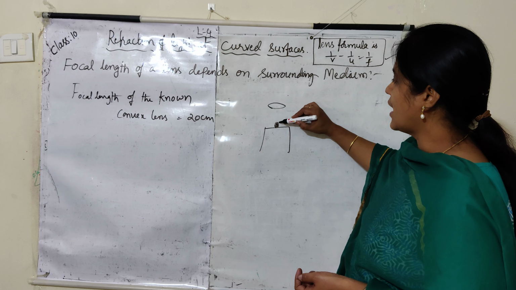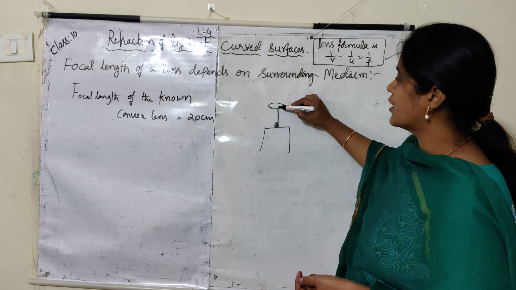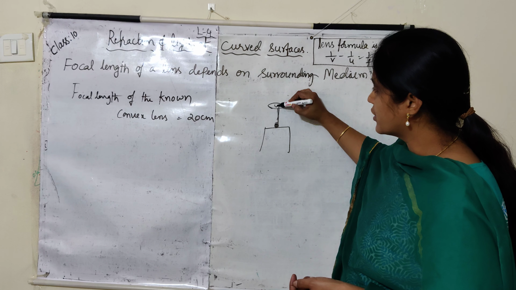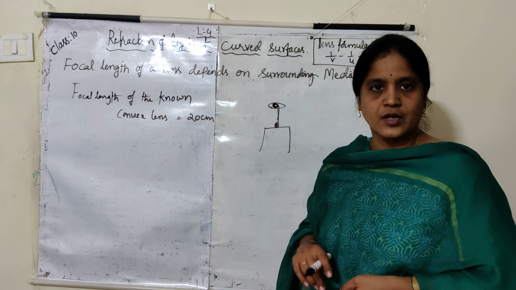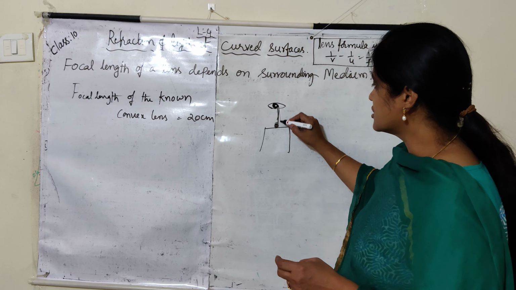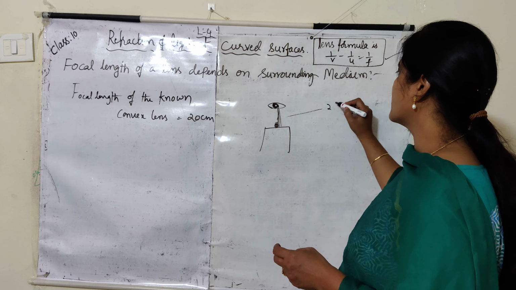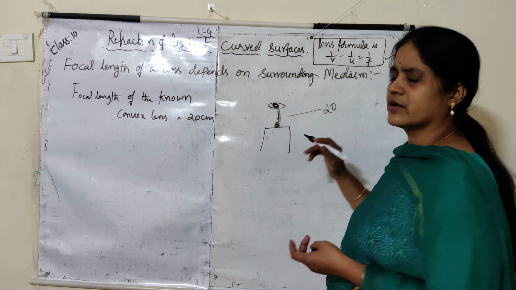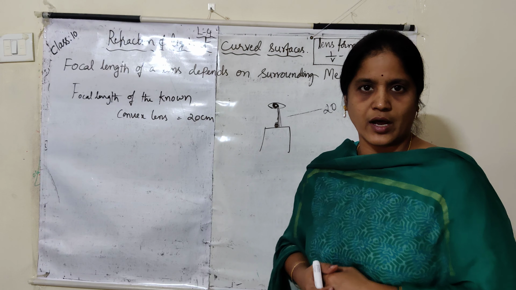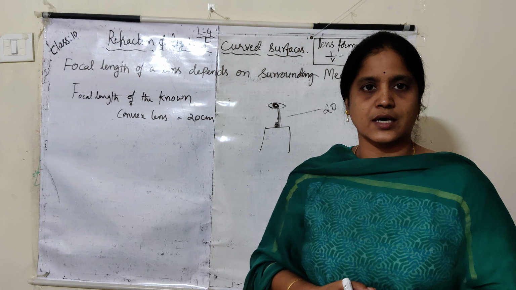For example, if at this distance you find a bigger, enlarged image of the stone, note down the distance. You will get some value, either 20 or 19 or something nearer to that. Note that down.